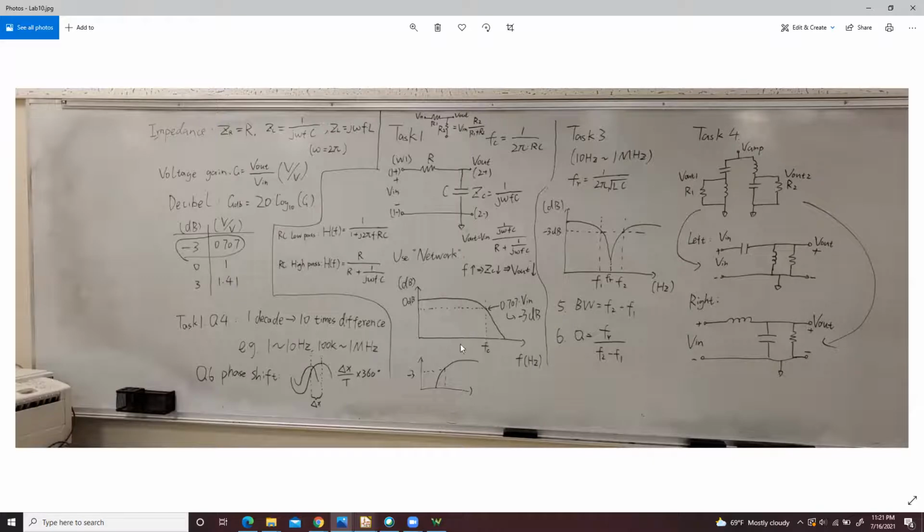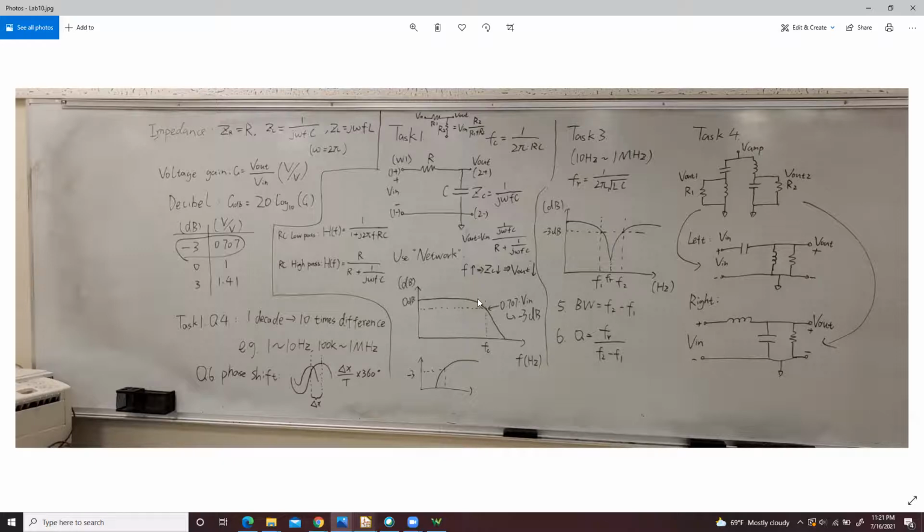The x-axis is the frequency, the y-axis is the magnitude. This one is a low pass filter, which means when the frequency is low, the signal can go through. That's why here it should be 0 dB, because at 0 dB the voltage gain is 1, which means the signal just goes through.